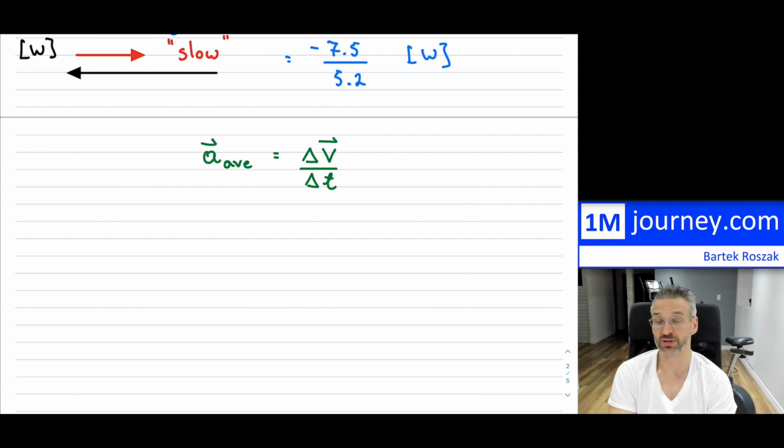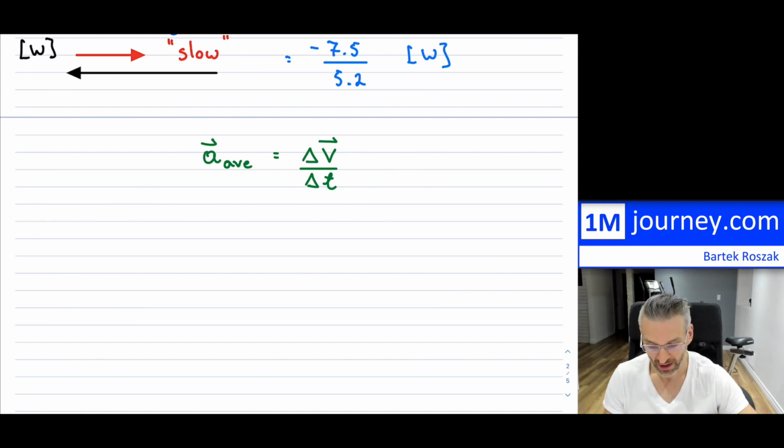The slope of the position time graph was actually the velocity itself. So we can figure out what those actual velocities were from the position time graph.